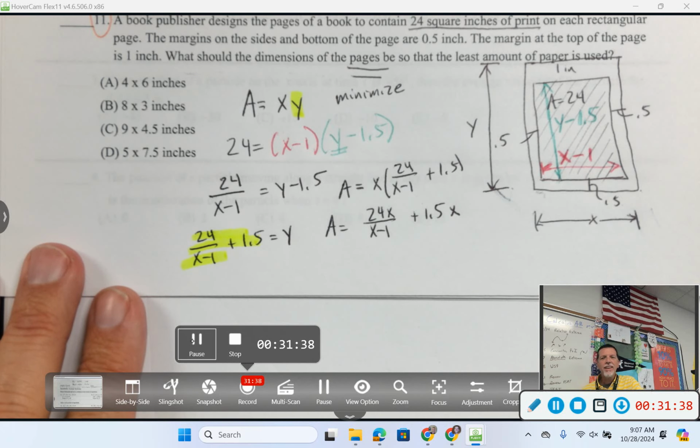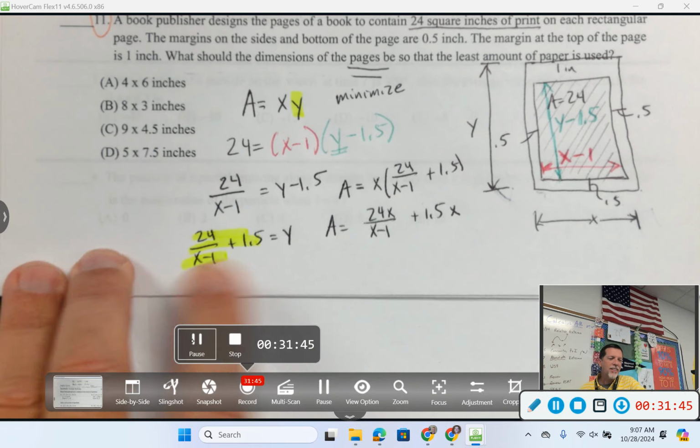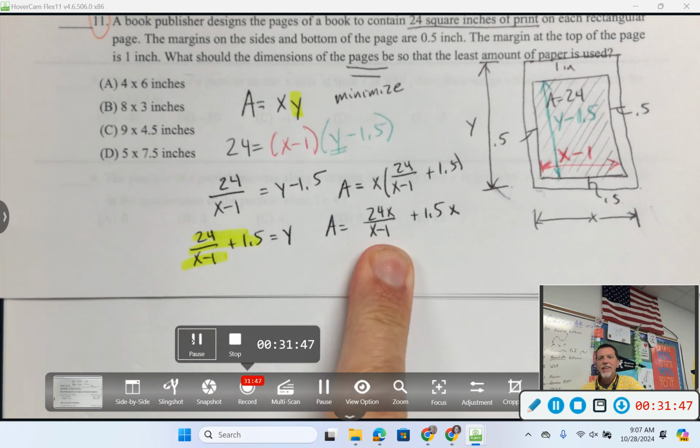What's it going to take? That's why I'm pausing. I don't think I can do anything else. What's it going to take to take a derivative of this thing? Quotient rule.